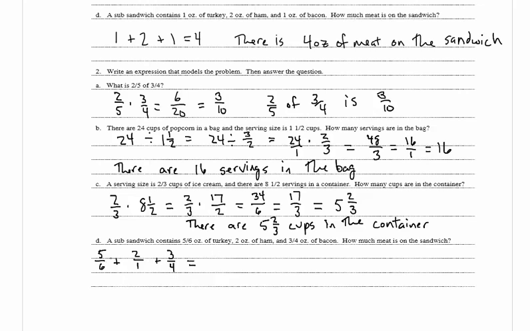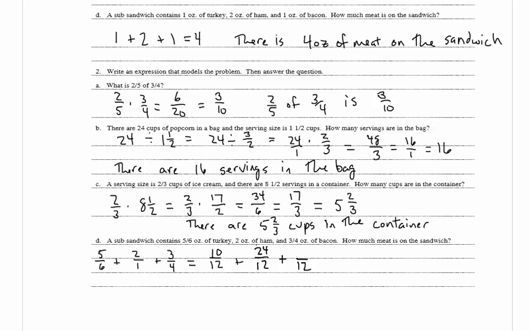So in order for 5/6 to be written with a denominator of 12, we would have had to multiply the denominator by 2. So we're going to multiply the numerator by 2. So 5 times 2 is 10, plus, and then we have 2 over 1. If we want to write it with a denominator of 12, we had to multiply by 12. 12 times 2 is 24. And then we have 3/4. And if we write it with the denominator of 12, we multiplied by 3.